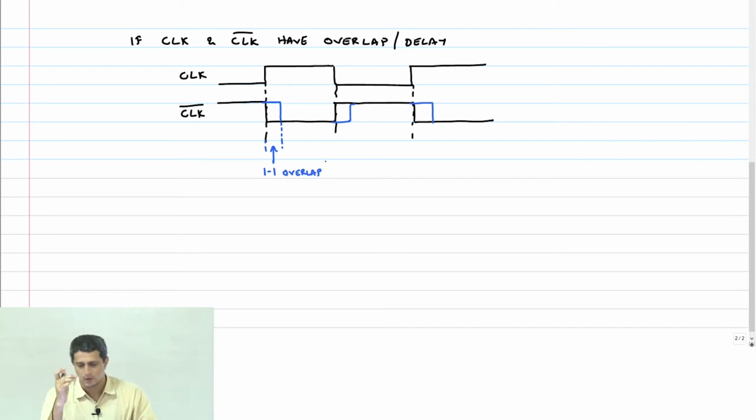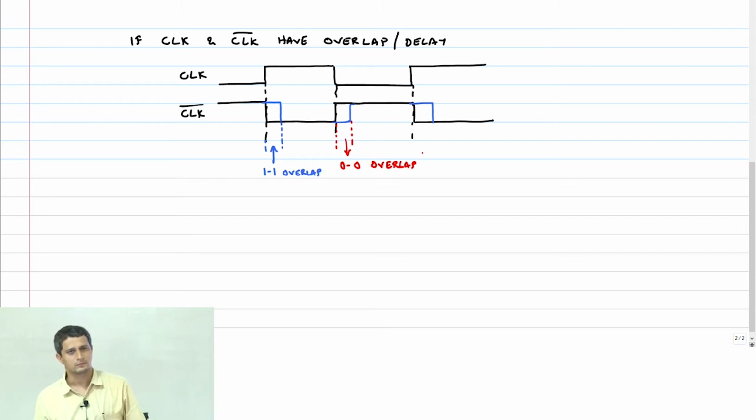But now there is a 1-1 overlap in that region, and in this region here there is a 0-0 overlap. What we want to see is what happens because of this to the hold time. The hold time was 0, and we want to see if that is going to change.